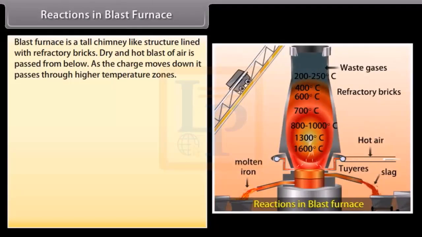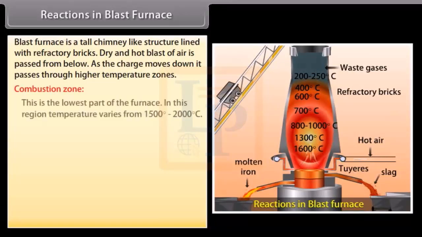The blast furnace is a tall chimney-like structure lined with refractory bricks. Dry and hot blast of air is passed from below. As the charge moves down, it passes through higher temperature zones. On the basis of variations in temperature in the different parts of the blast furnace, there are various zones where different chemical changes take place.